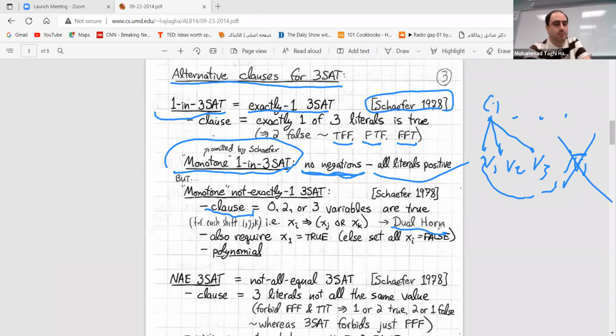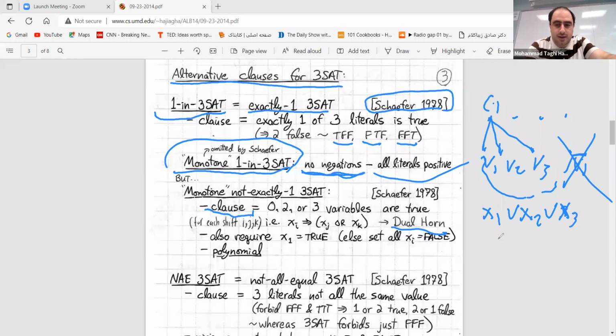So dual Horn is important. Why? Because you have 3 variables, xi, xj, and xk. So you can write it actually. For example, we write x1, x2, x3. Here I'm assuming all of them are positive. There is no difference.